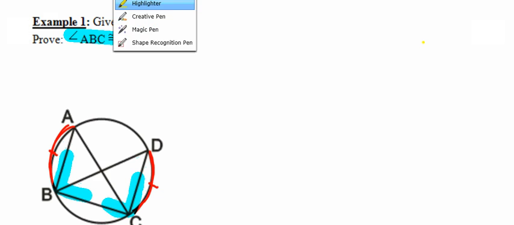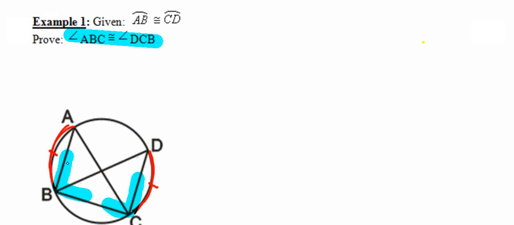Well, if I look for a pair of triangles that contain those angles, that blue triangle would be one. The green triangle would be a second one. If I could get those two triangles congruent, then I could use CPCTC to prove that my angles are congruent.